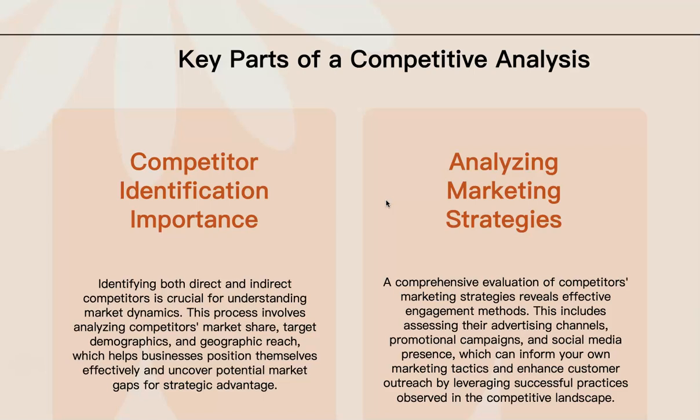And so all of those non-ice cream stores that also sell little treats are indirect competitors. They may not be in the exact same business as you are, but they are doing something so similar that they actually compete with you. And that's an indirect competitor.